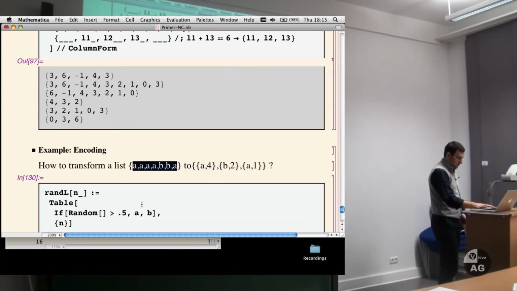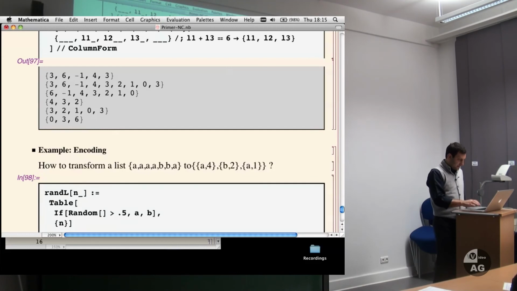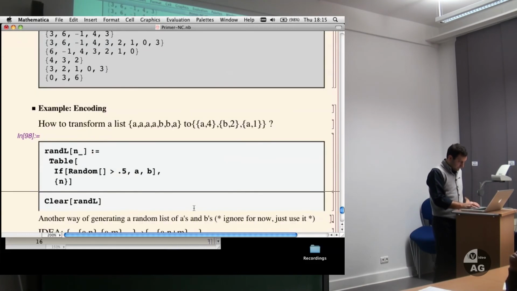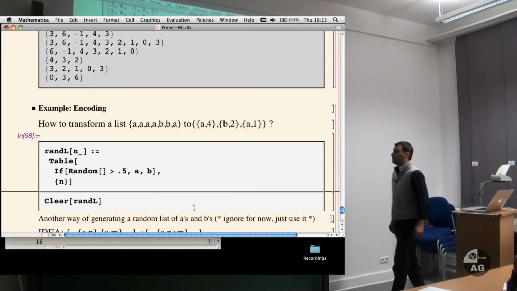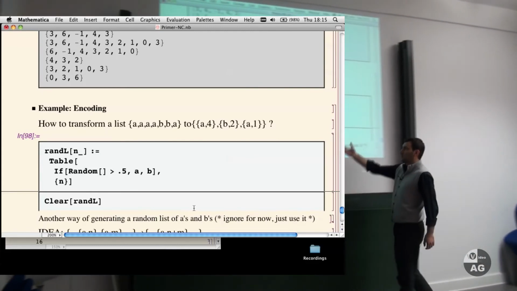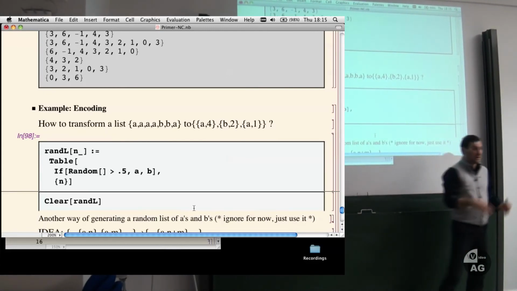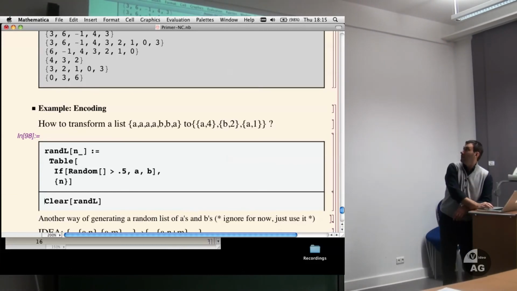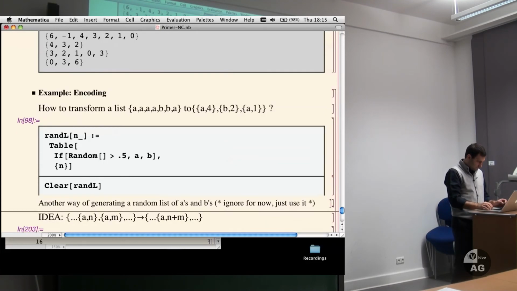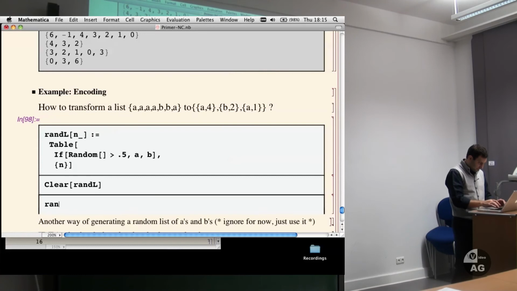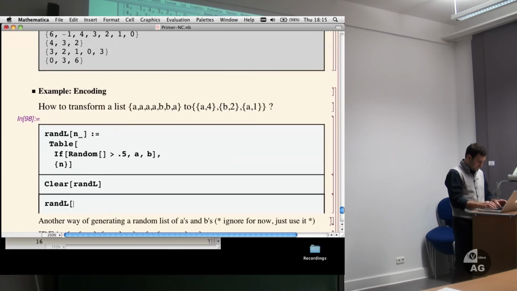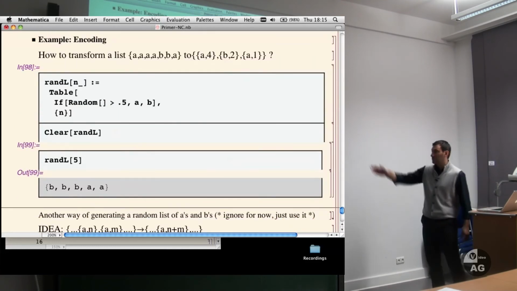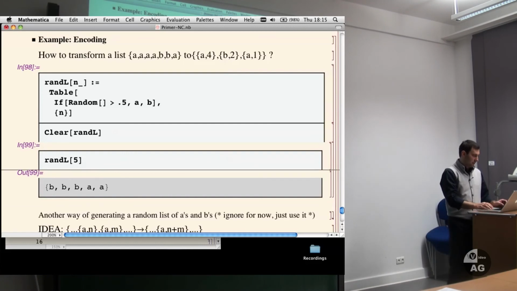Okay, so here is a way of generating random lists with the 2 symbols, A's and B's. This is not how I would define it. You will see how I will define it not today, another time. But this actually works, so let's see. If I do rand L of 5, I get a sequence with random B's and A's.